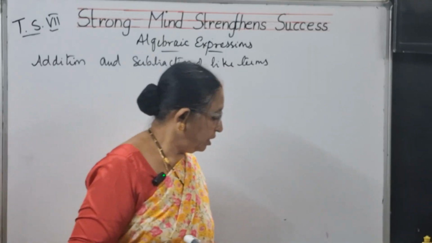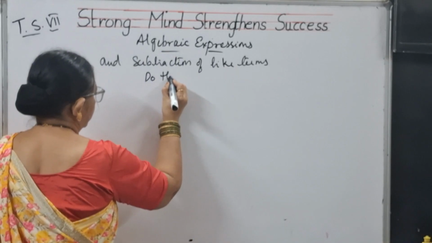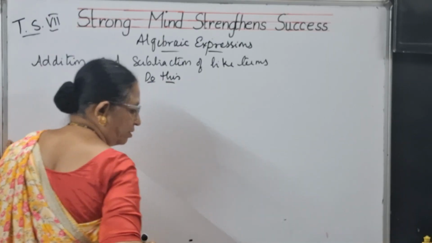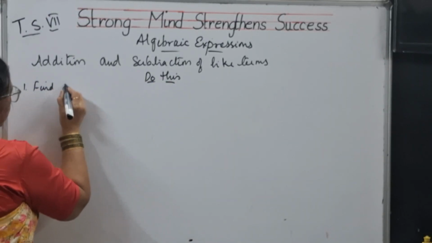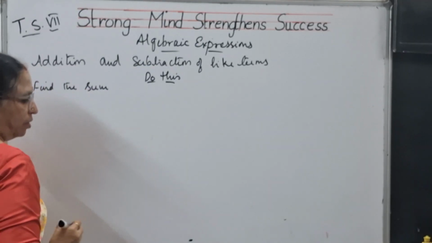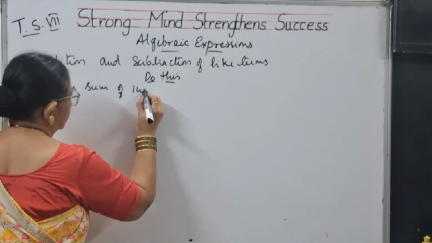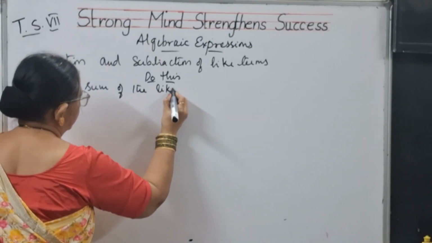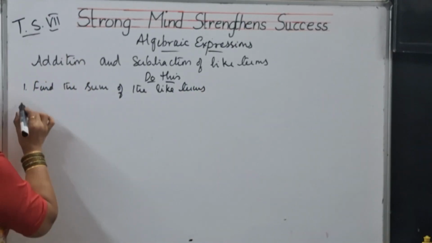Now I am dealing with additions. You have to do these sums, children. First one, find the sum of the following like terms. They have already given the terms as like terms.